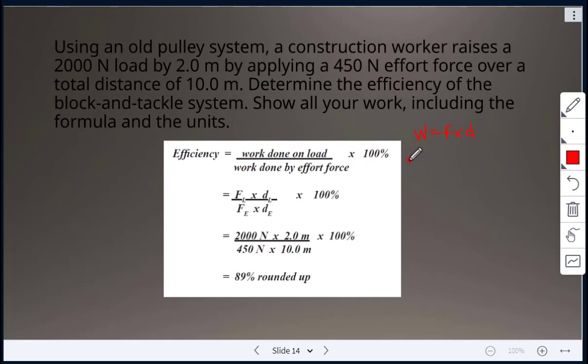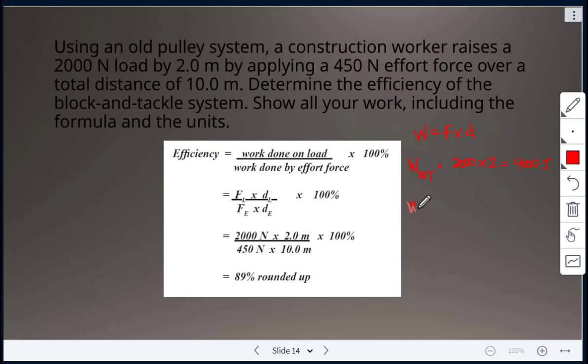The first one we have to calculate is work output. It is 2,000 newtons times 2 meters, which gives us 4,000. It's in joules, since newtons times meters is joules.